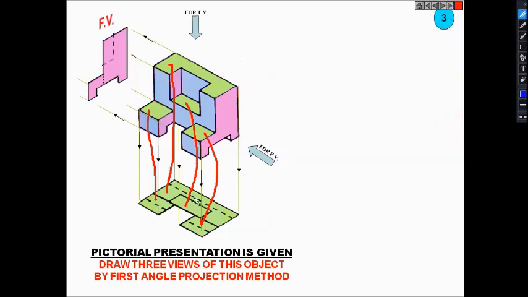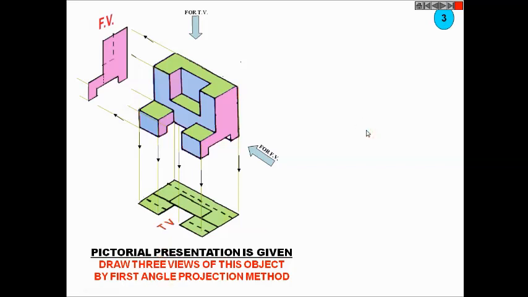The edge which passes through this point is shown right here, then the edge which passes through this point is shown right here, and the edge which passes through this particular point is shown right here. So there are three edges which are not visible to the observer directly, so they need to be shown by using dotted lines. Top view. Let's see how to draw the side view.